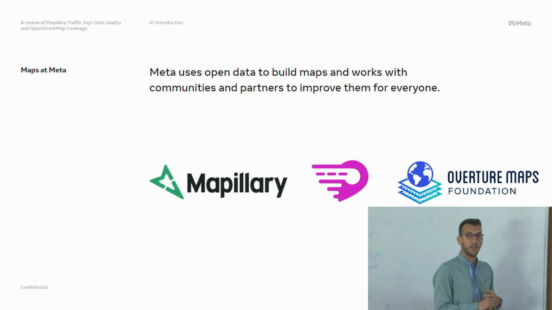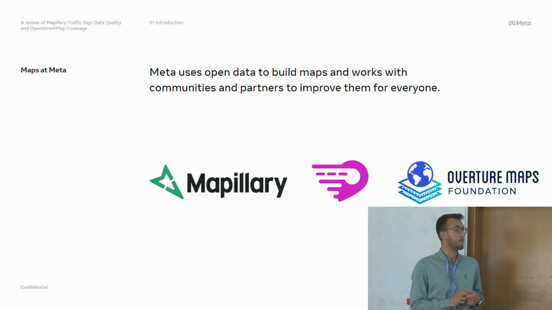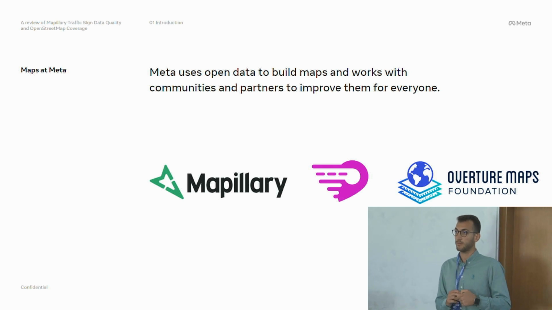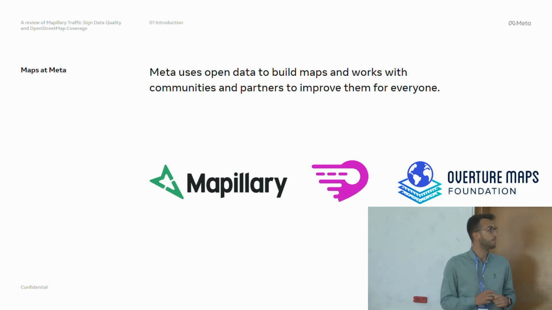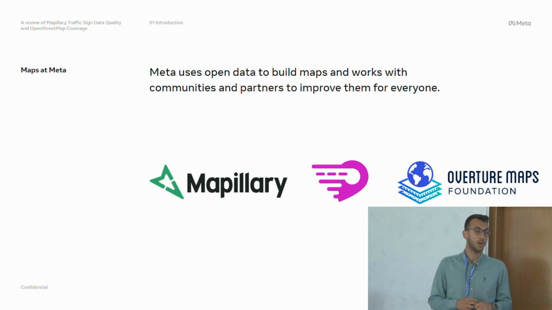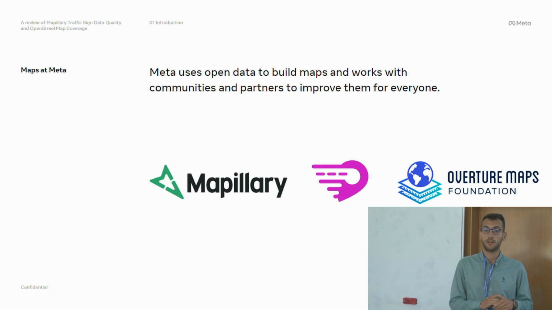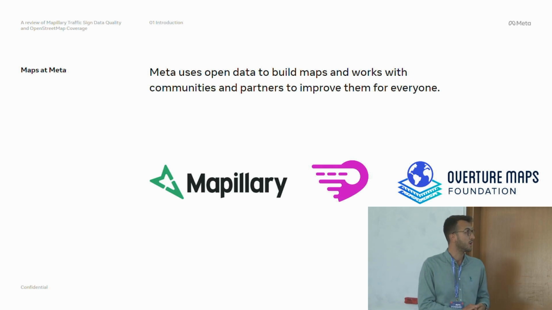We are maintaining two main products, which are Mapillary and Rapid. Mapillary is a street-level imagery platform that automates and scales map data generation, and Rapid is a tool for improving OSM quicker and smarter, which extracts road networks and buildings from satellite imagery.